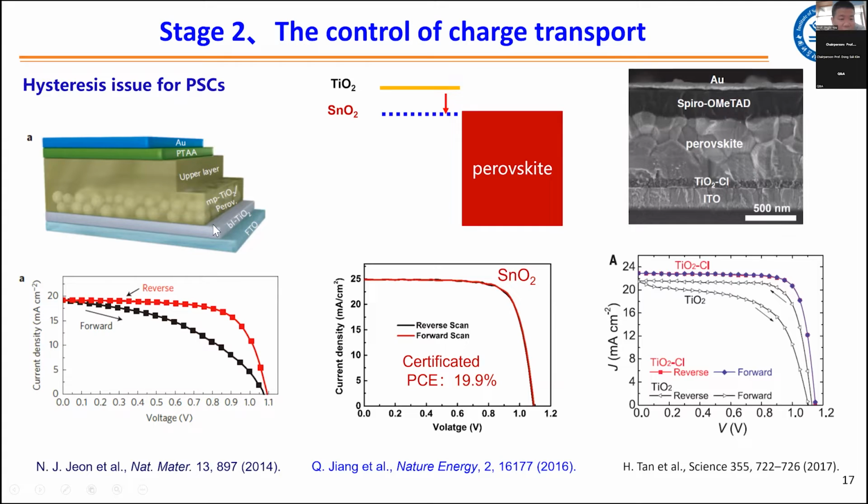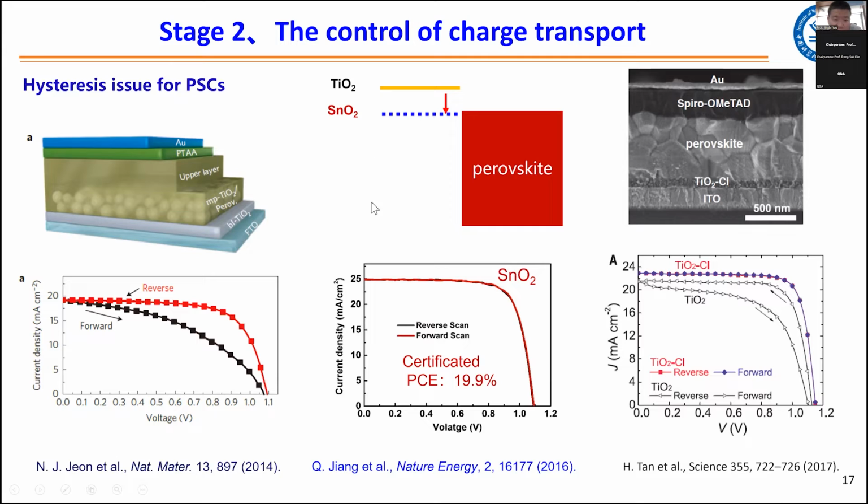If they introduce a very thin, maybe 100 to 200 nanometers, mesoporous structured titanium oxide, they can reduce the hysteresis. So at that time, everybody believed the mesoporous, or nanostructured, titanium oxide was very necessary to make hysteresis-free perovskite solar cells.